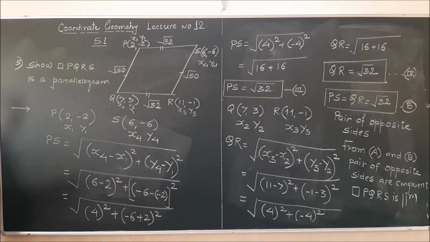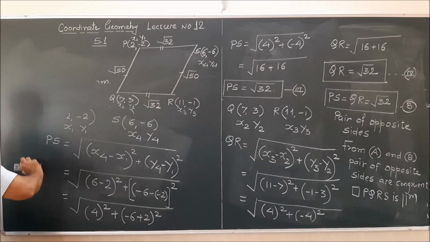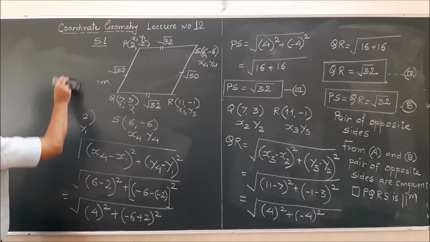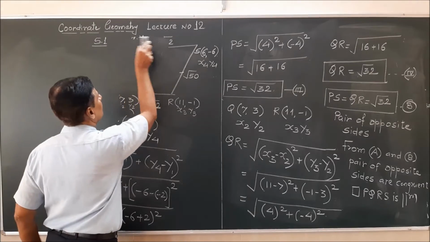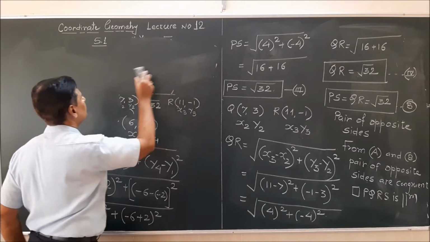Now I am going to do question number 6. For question number 6, this time we have to prove that the given quadrilateral is a rhombus.